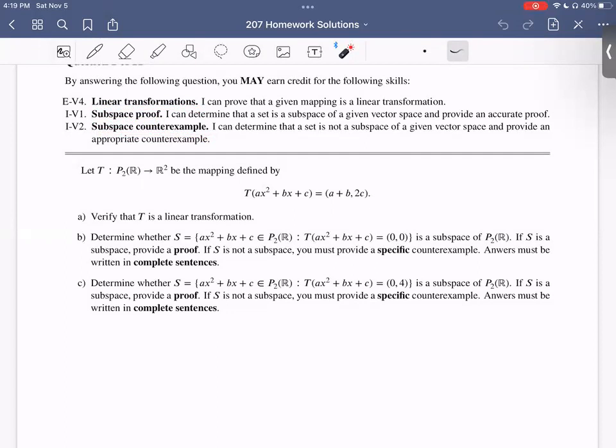We are given this mapping that takes in elements from P2 of R. Remember that these are polynomials of degree at most 2, and their coefficients are real numbers. That's where the R comes from.